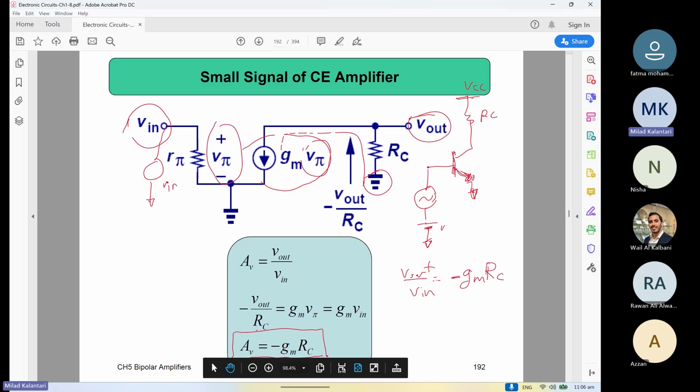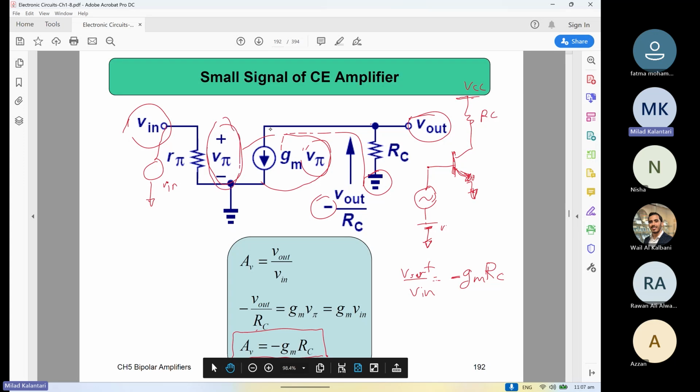gm times V in makes this current. This current is passing through this resistor, makes this V out for you, right? Since the direction of the current is this direction and this voltage, then there is a negative sign, right? Is that clear? I guess we don't even need to write any equation. You have the V in across the input, and the V in is the V pi.